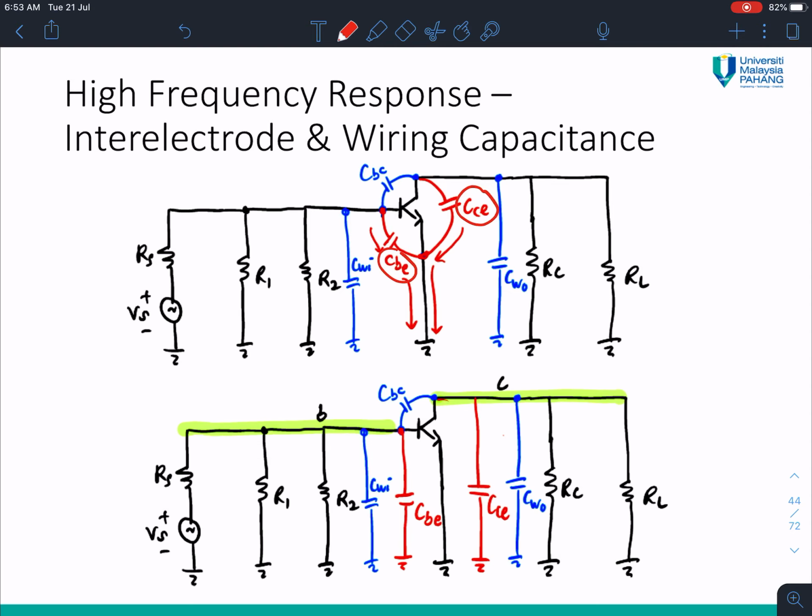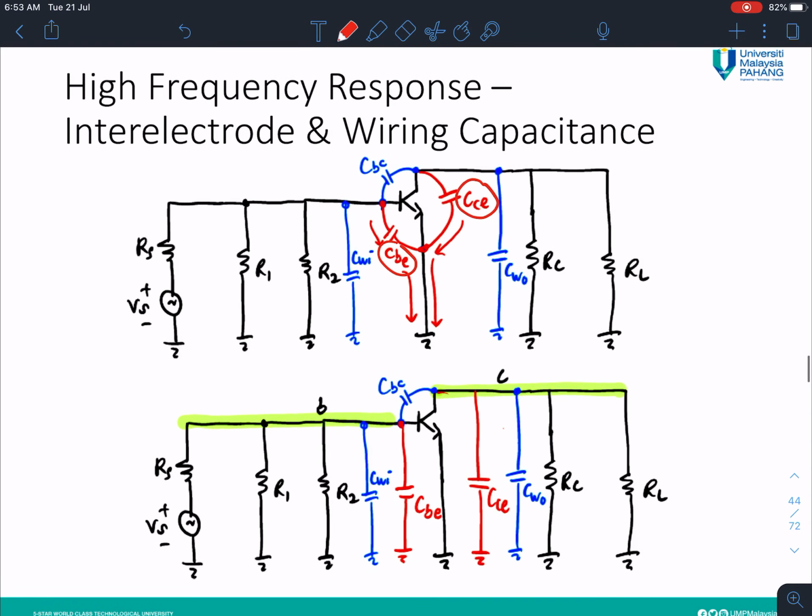Can you see? There is no more connection between the B and E terminals, because we have this wire. Now I draw CBE like this and CCE like this.